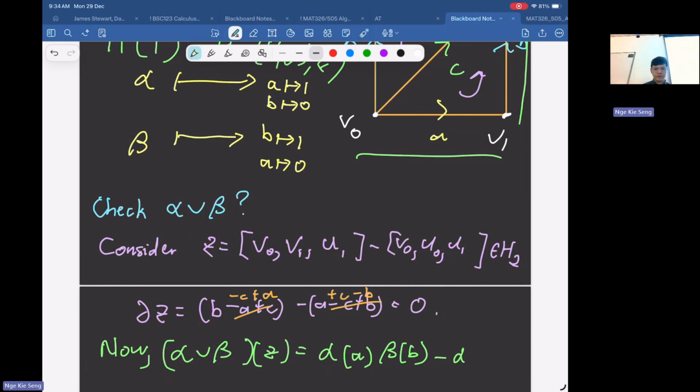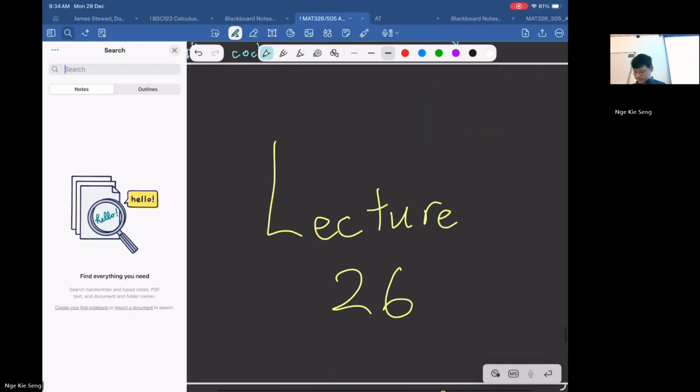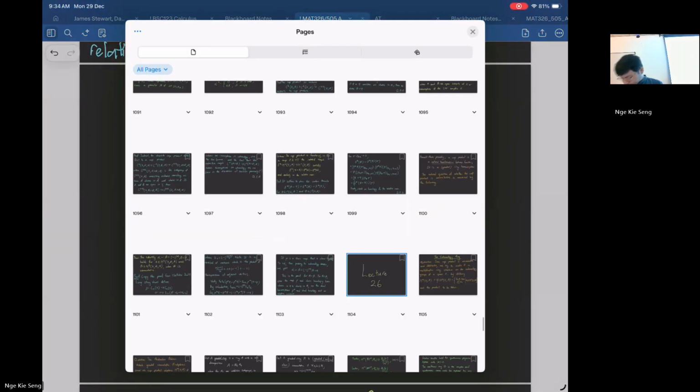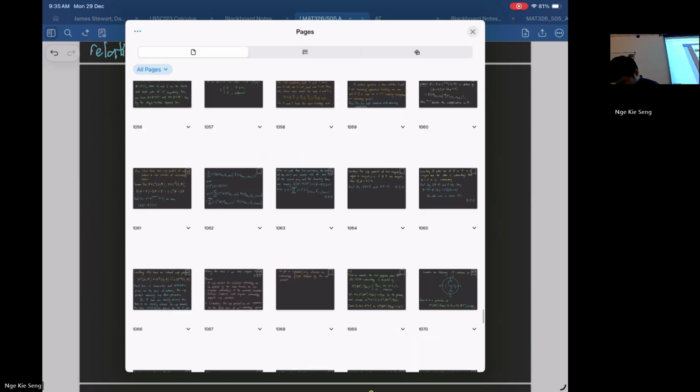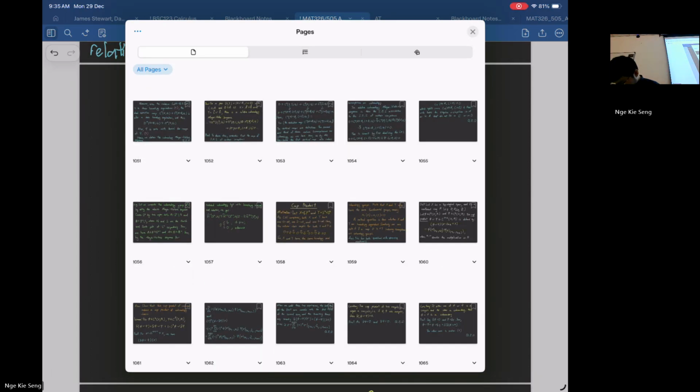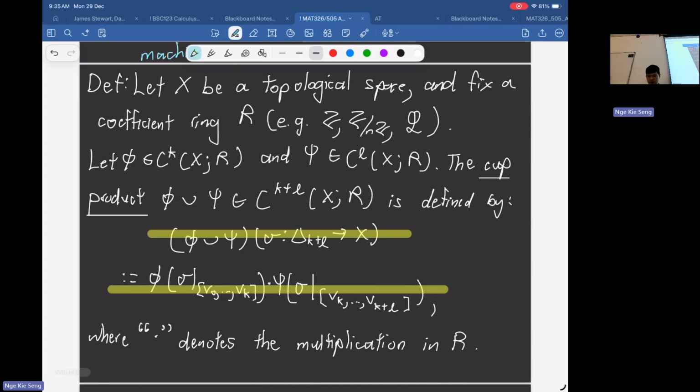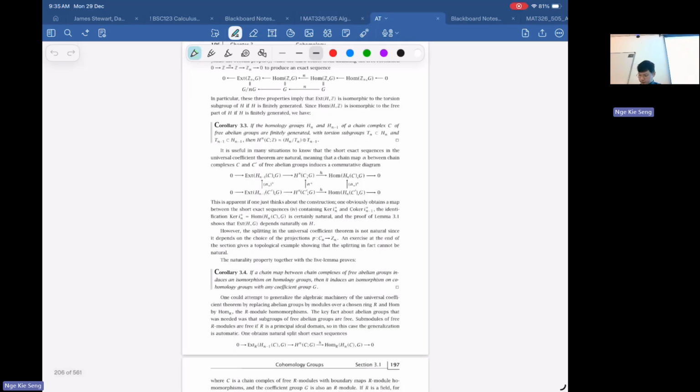What's the formula of the cup product again? Why did I get the minus here? What's the formula for cup product? Yeah, so this is just the cup product. Okay, so I forgot.